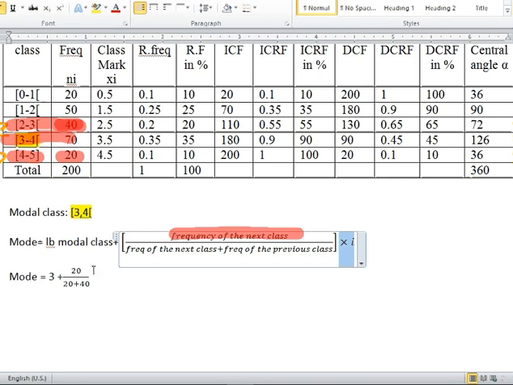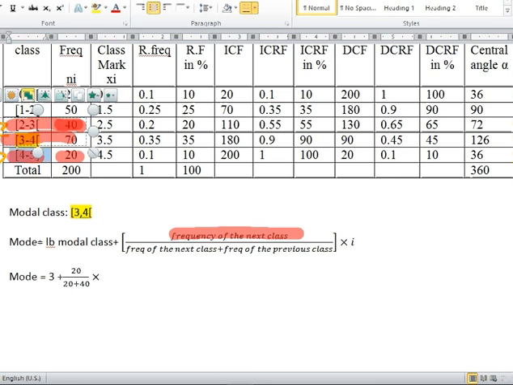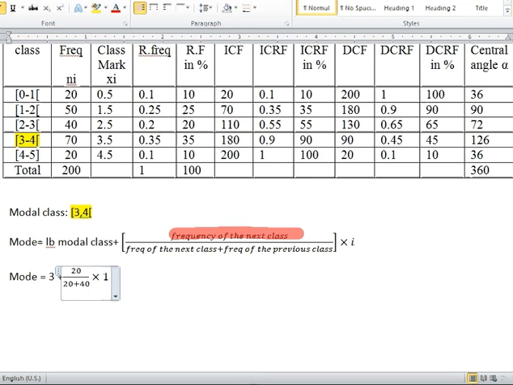How do we find the amplitude? You just subtract the boundaries. Here the amplitude is 1. The interval is 3-4, so the amplitude is b minus a, which is 4 minus 3, meaning 1. It's not always 1, but in this example it is 1.